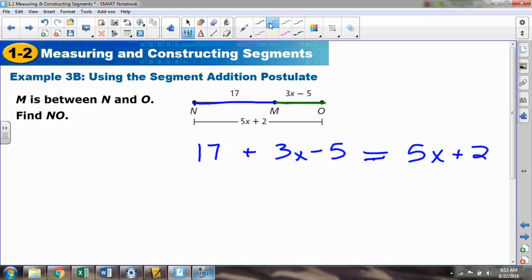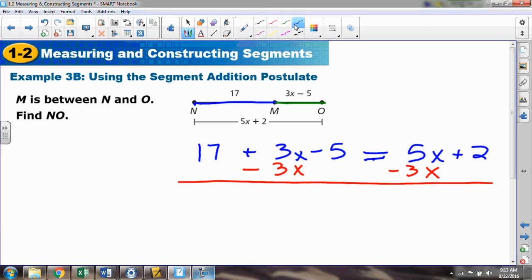What's our first step? Put our like terms together, and so do you want to move the 3 over or do you want to move the 5 over? It's your choice. Moving the 3, so we'll subtract 3x, which then gives us 17 minus 5 equals 2x plus 2.